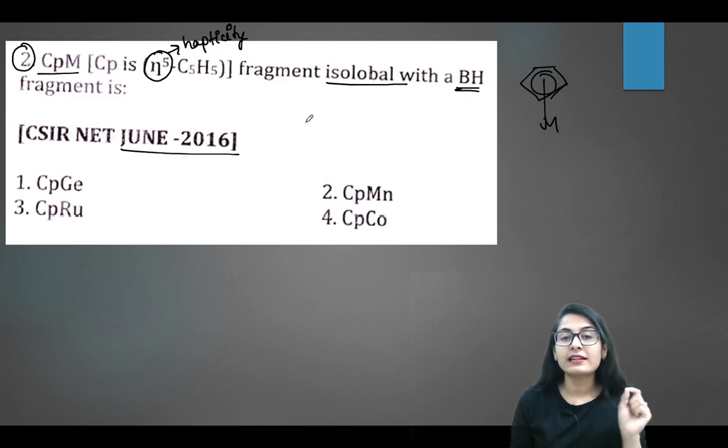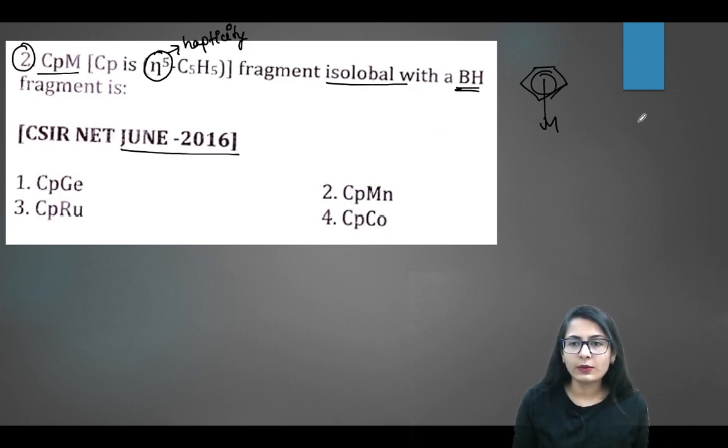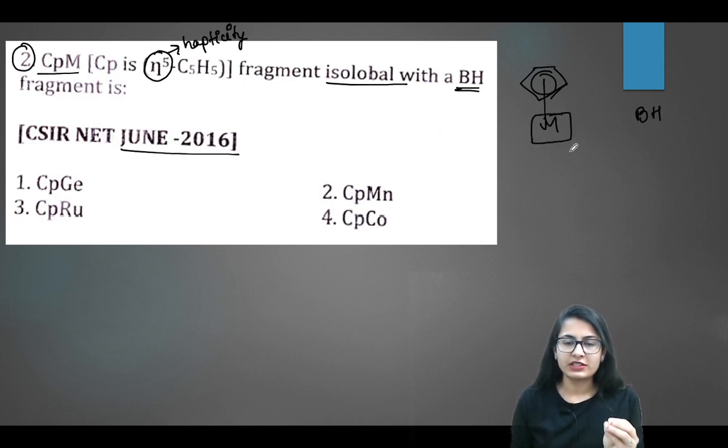Now there is a little bit of difference between a BH fragment and a CH fragment. Let's discuss. The question is asking you simply to find the metal M that is going to be isolobal with the BH fragment.